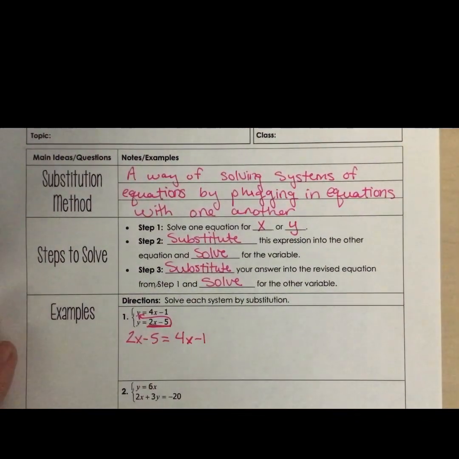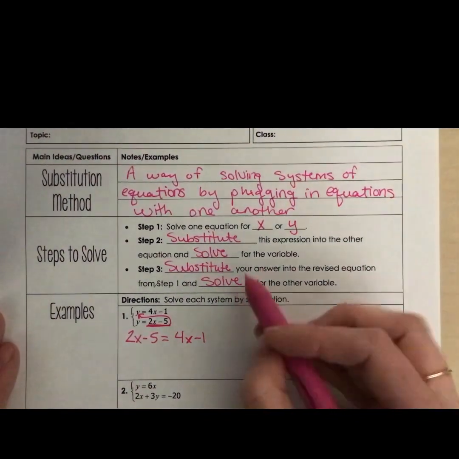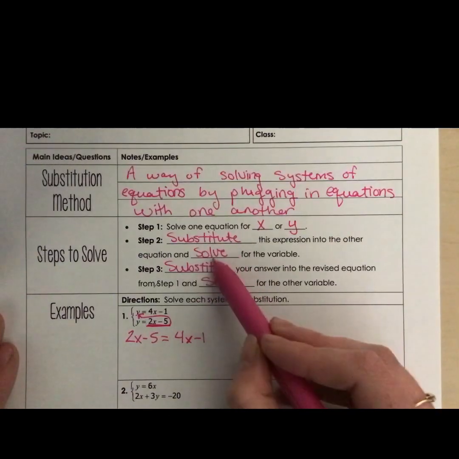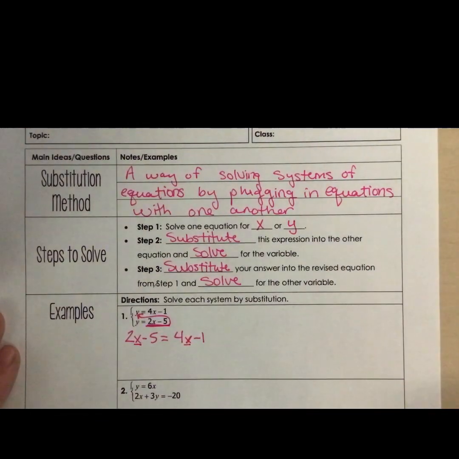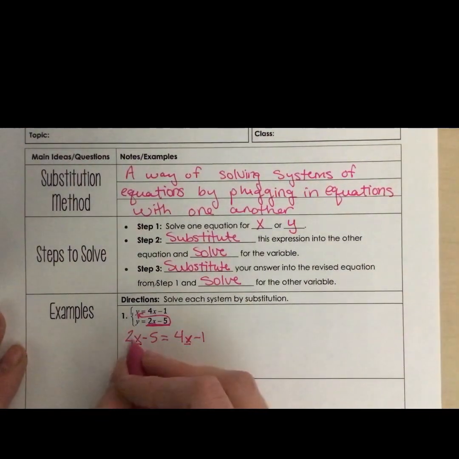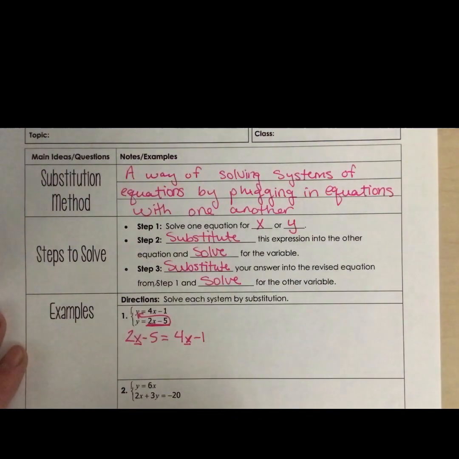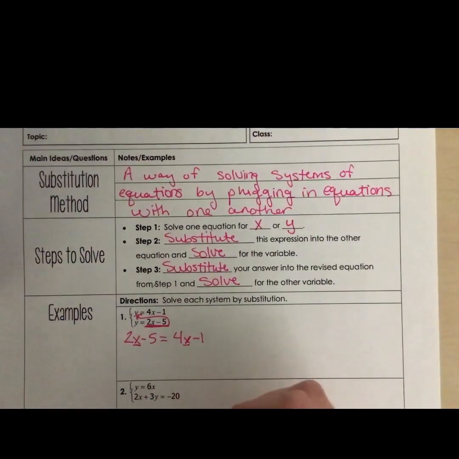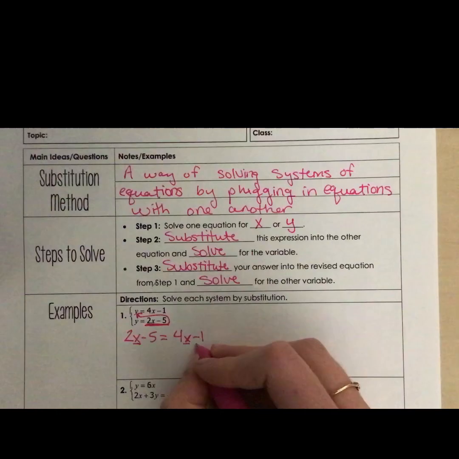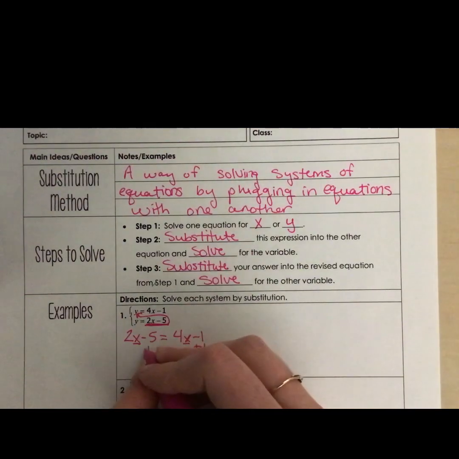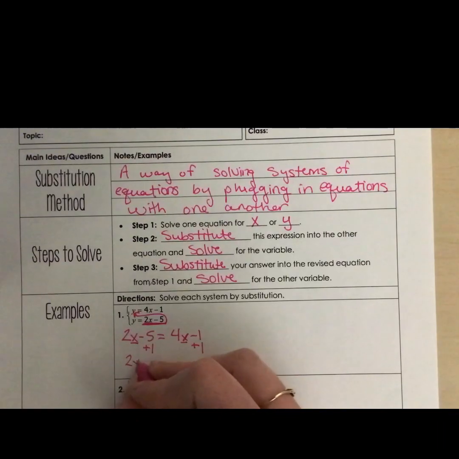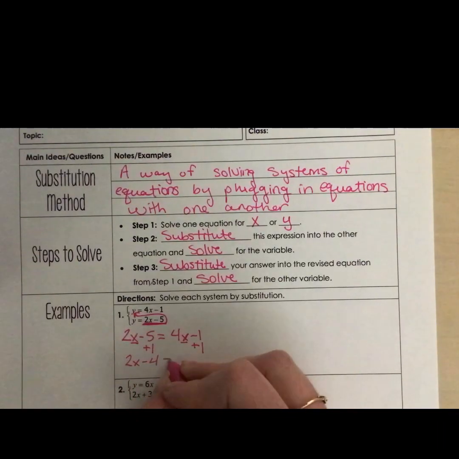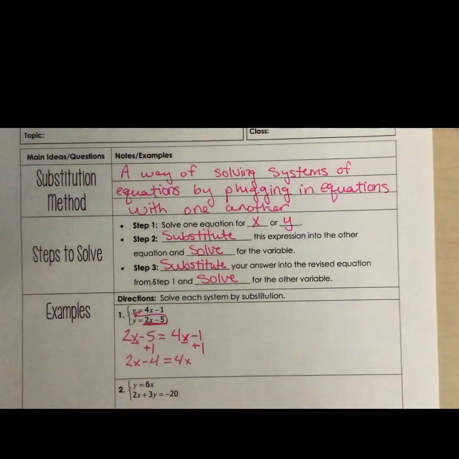Now what I need to do is step 2. We've substituted in. Now I'm going to solve for the variable that I have. Well, the only variable I have in this equation is x. So that means that I want to get x all by itself. So my first step is to make sure that I get all of my constant terms, or my numbers, on the same side together. So I'm going to add 1, which gives me 2x minus 4 equals 4x.